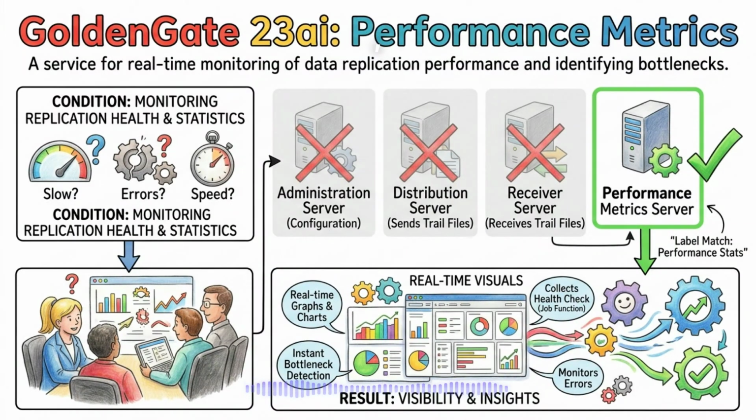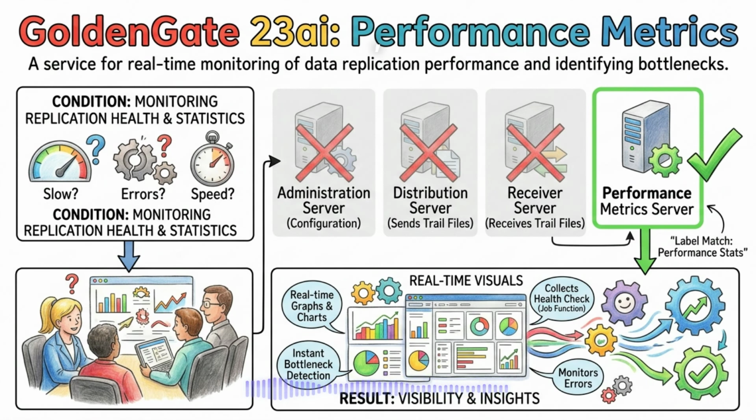To manage all this data movement over time, GoldenGate 23ai uses the performance metrics server. This service acts as your personal monitoring system, constantly collecting statistics about how fast data is moving and if any errors are occurring.